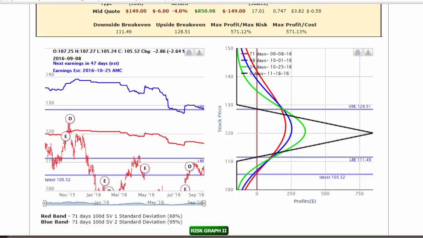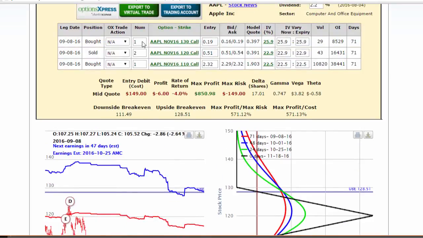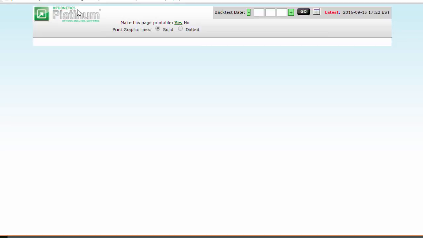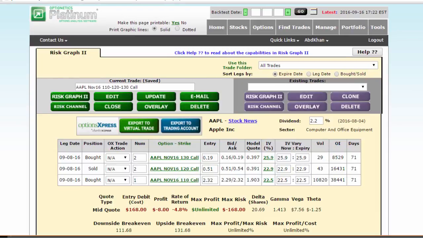So the trade that I actually went with, I fixed that problem by buying some more call options. So just by spending another $20, I actually fixed that problem, and that's what you need to learn, how to construct these trades so that you get the right looking risk graph that's in line with your prognosis.